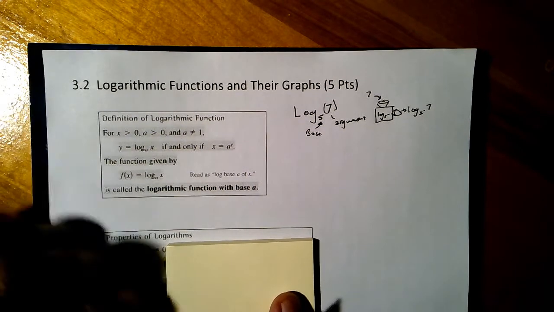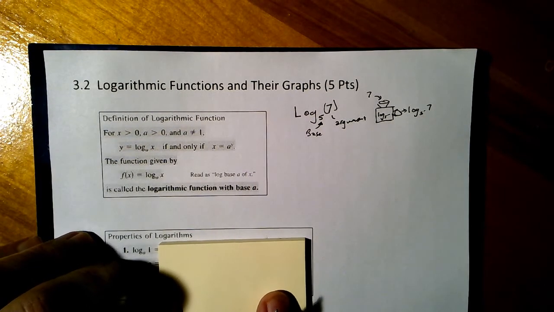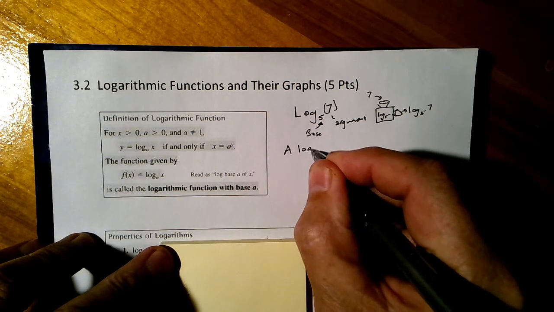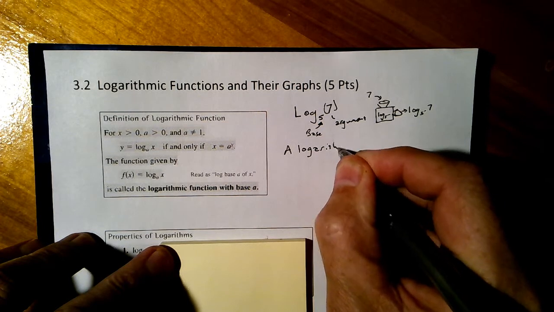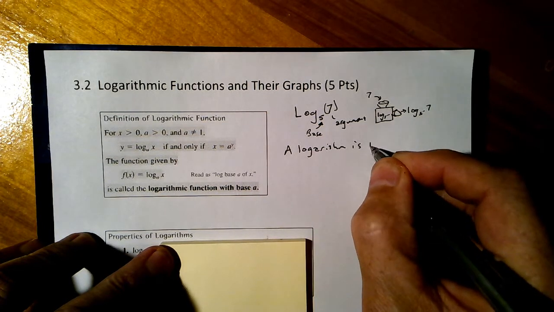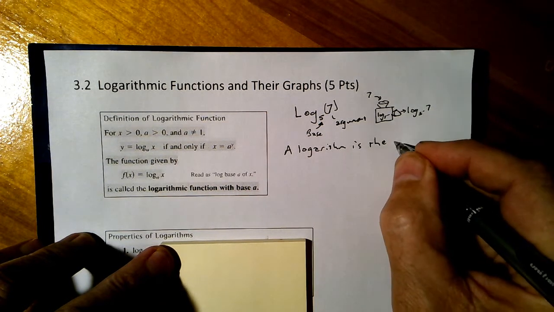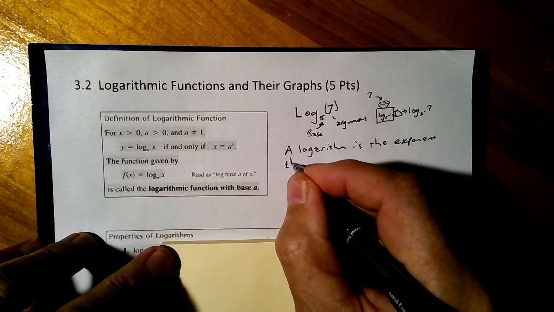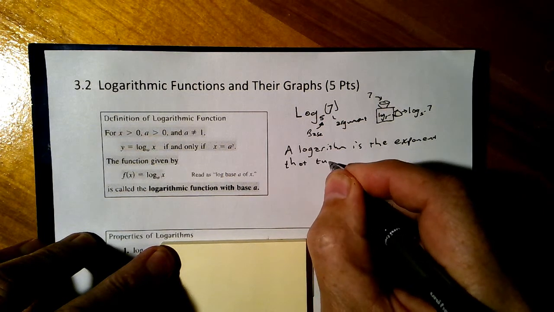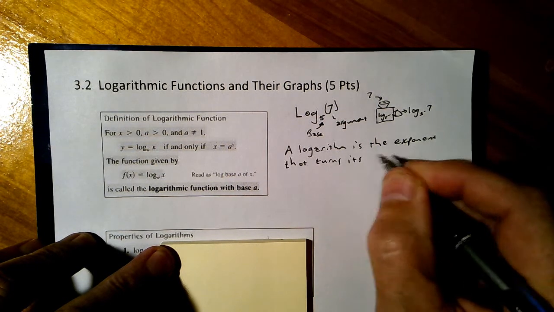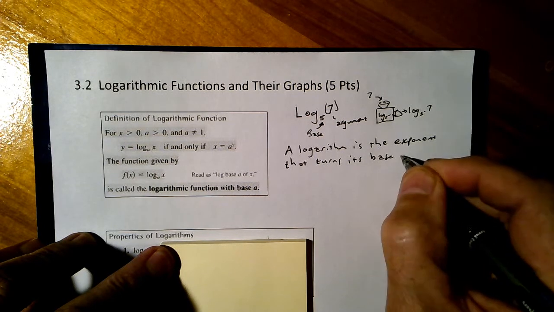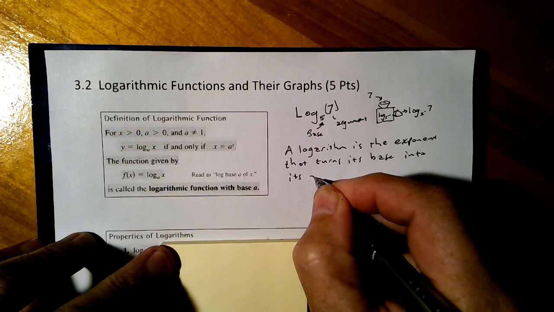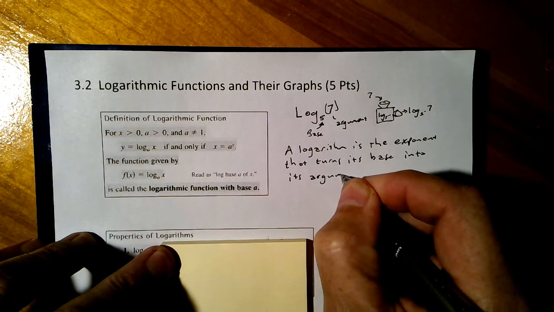So here is our definition, and here's how you're going to reply to the first question on the test. A logarithm is the exponent that turns its base into its argument.